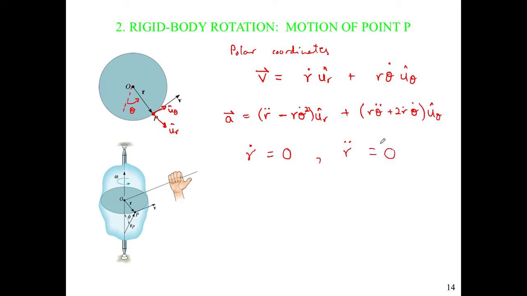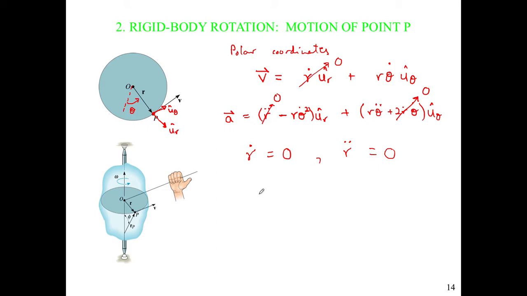So now let's look at which terms have disappeared just because it's a rigid body. Clearly this is gone. What else is gone? r double dot is gone. And what else is gone? The 2 r dot term is also gone. So what are we left with?